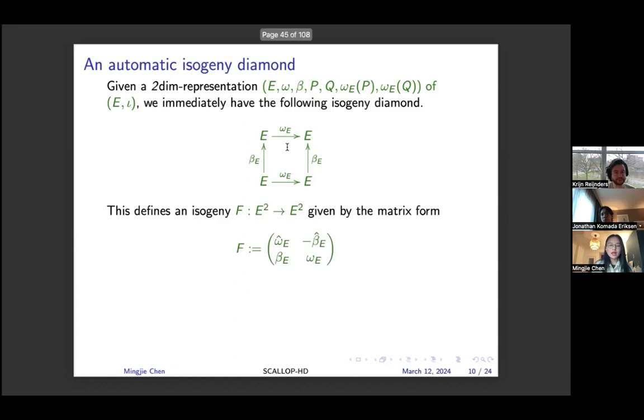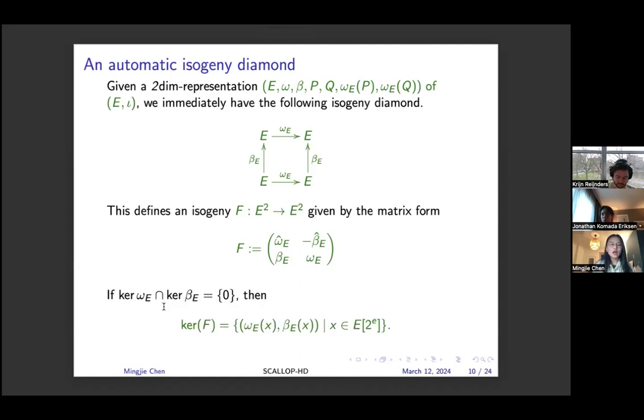Given this isogeny diamond, we have an isogeny F from E squared to E squared given by this matrix as before. And if the kernel of omega_E intersect the kernel of beta_E trivially, which is guaranteed because we have required that their norms are coprime, then the kernel of F is given by omega_E and beta_E evaluating on the 2^e torsion of E.